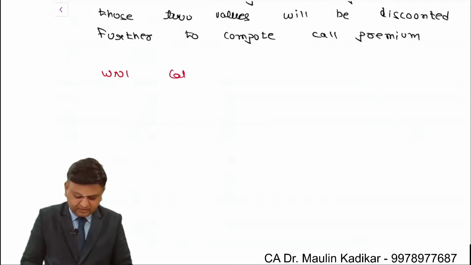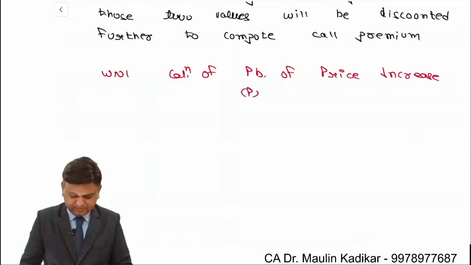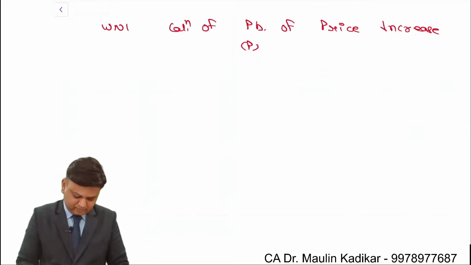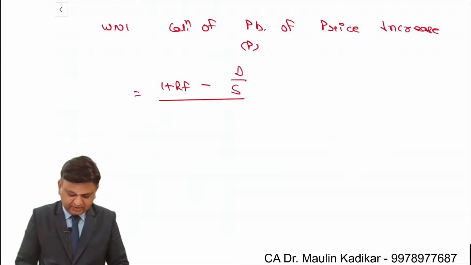Working note number 1, calculation of probability of price increase. It is (1 plus Rf minus D upon S) whole divided by (U minus D upon S).